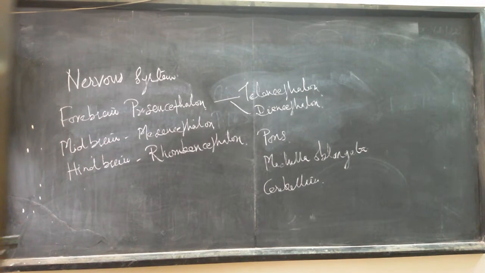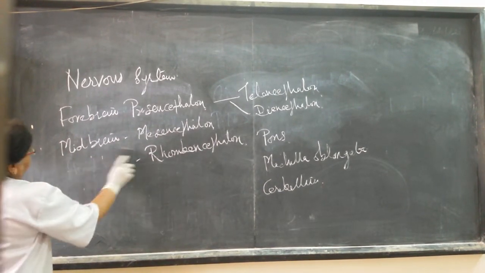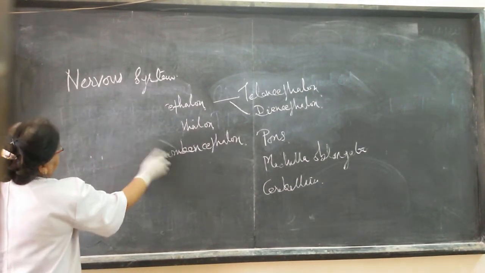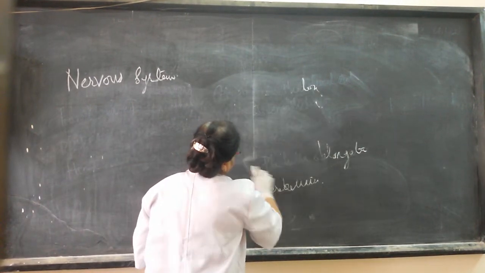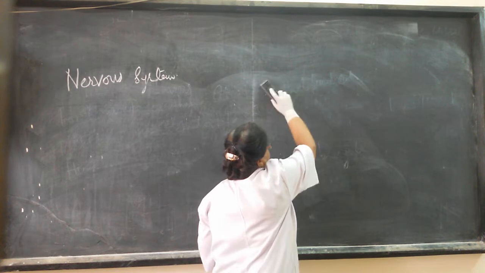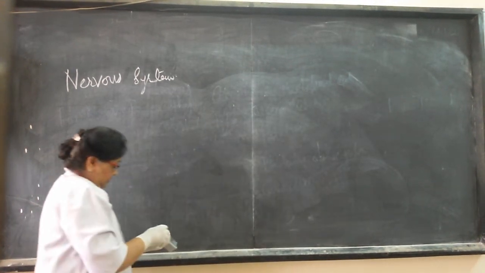Now, before going to the details of the nervous system, you should know about the development of the nervous system.